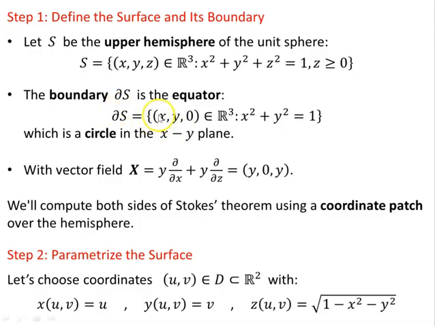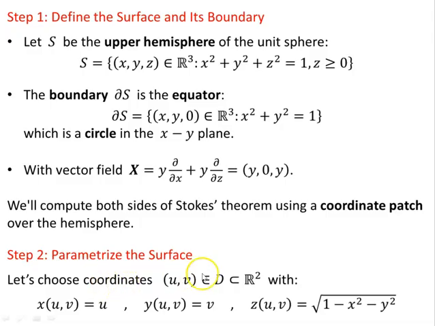So partial S is a set of triplets x, y, 0 belonging to R3, where they follow the rule x squared plus y squared equals 1. So it's the unit circle in the xy plane. With vector field X equals y partial over partial x plus y partial over partial z, this is our example. And we'll compute both sides of Stokes' theorem using a coordinate patch over the hemisphere.